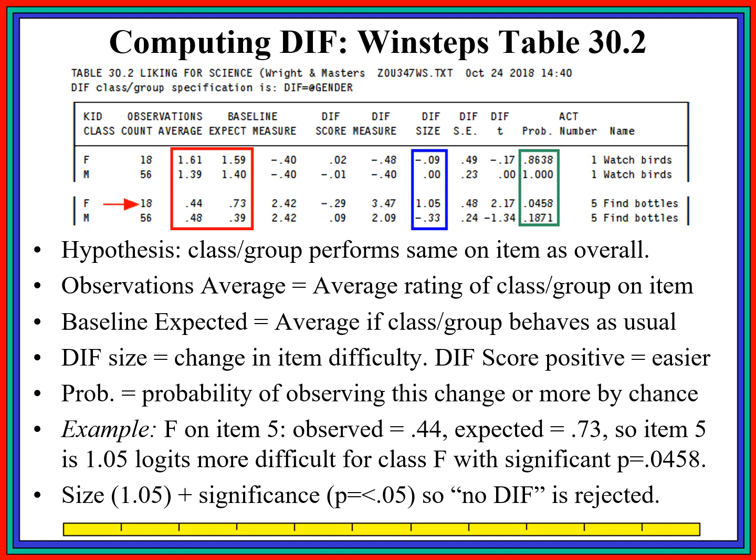So we have a diff size, and we notice the girls are at 1.05, which is quite a big difference, a logit difference. And the other rule is we want to be sure that this didn't happen by accident.